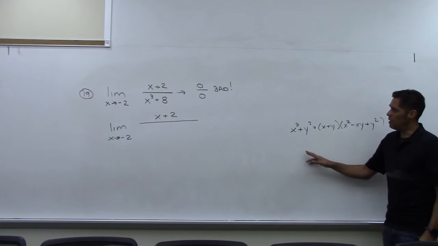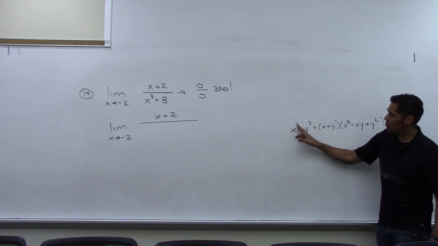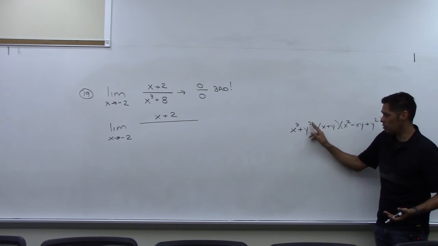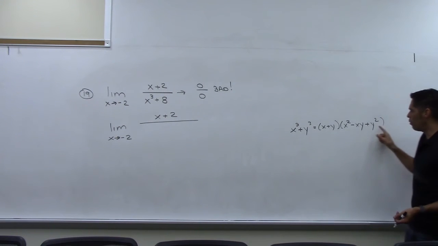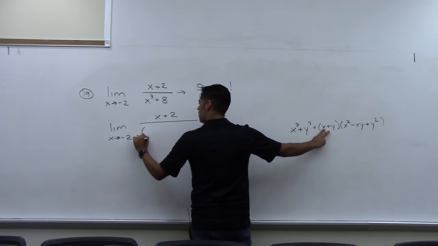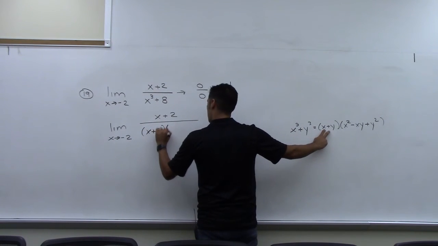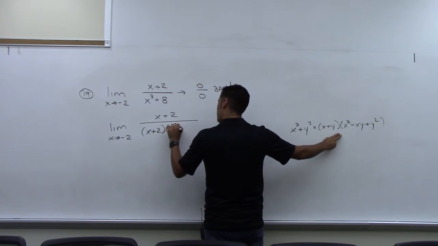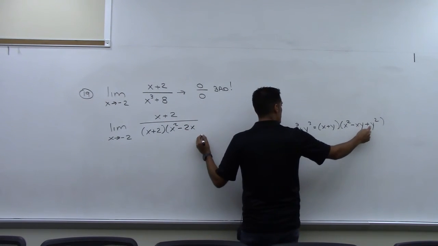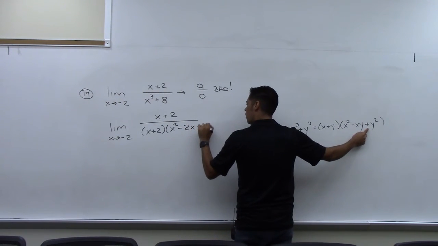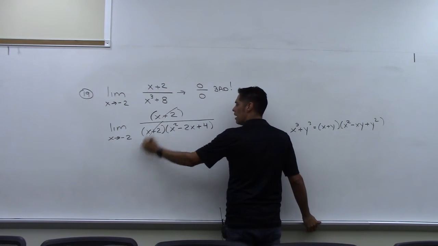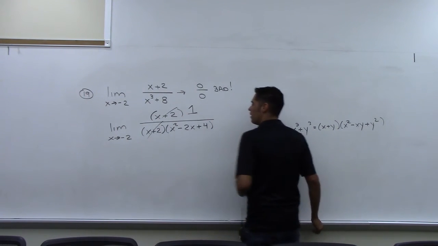So for us, we have x cubed plus, our y is a 2. 2 cubed is 8. So if we just rewrite this formula, replacing all the y's with 2's, we're in business. So it becomes x plus 2, and then x squared minus x times 2 is 2x, and then plus 2 squared, plus 4. And very nice, see this factor and this factor cancel. You're left with the 1 up here, don't forget that.